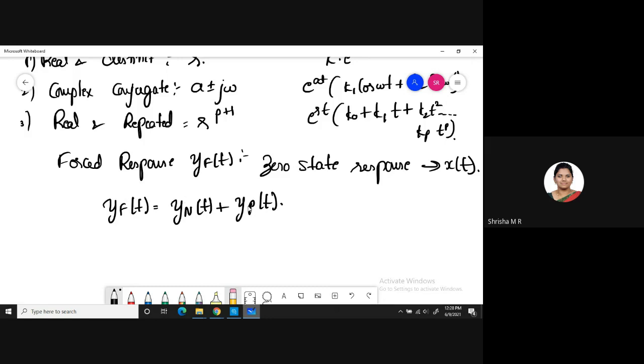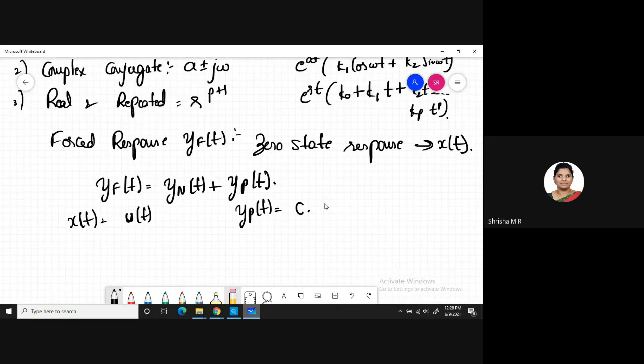The particular response has the same structure as the input, and it will satisfy the given differential equation. So if x of t is equal to u of t, then the particular response yp of t will be equal to c, because u of t is a constant which is 1 from 0 up to infinity.